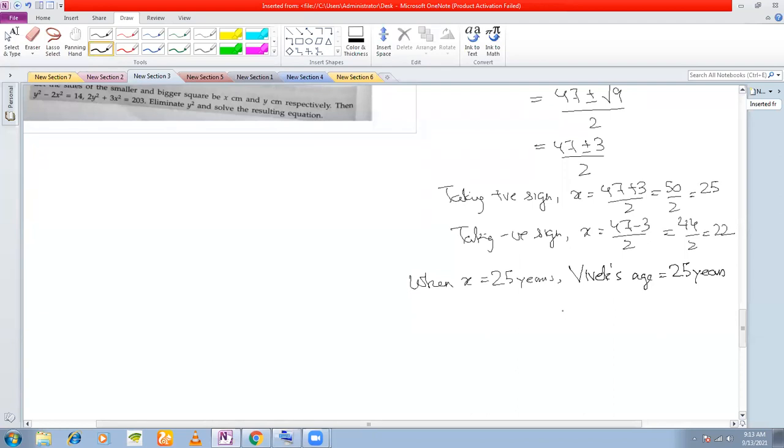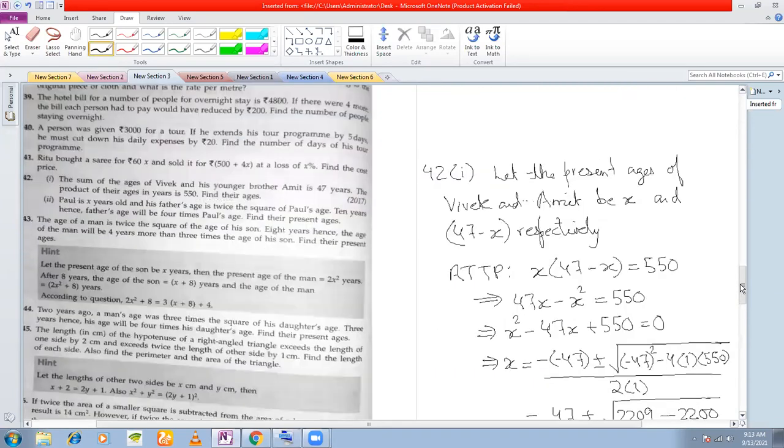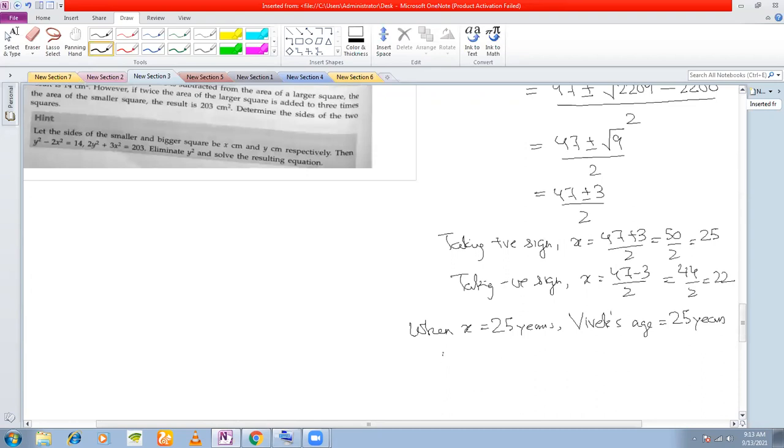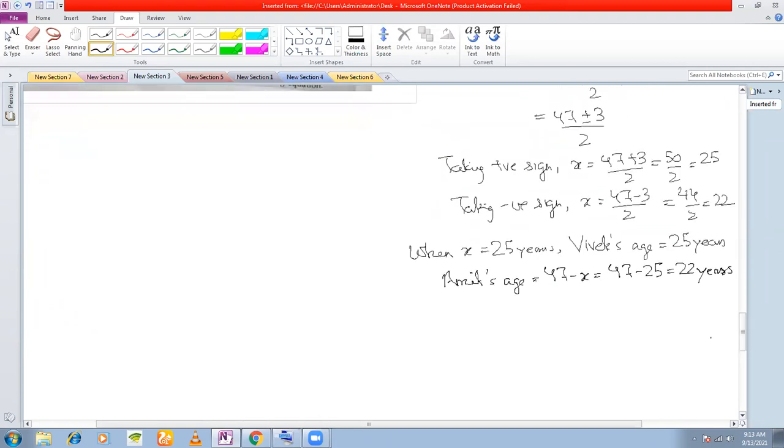Okay, and what is the other one? Amit's age, 47 minus x, which is 47 minus 25, which is equal to 22 years. Okay, so this is one possibility. What is the other possibility?